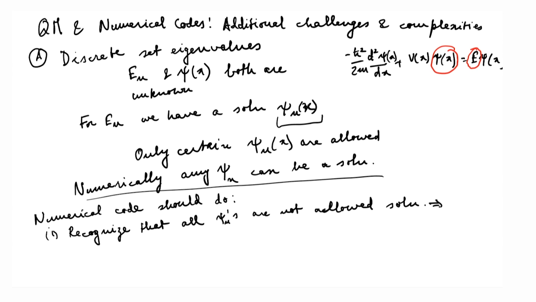In other words, it should be able to identify the correct values of E. Only if it identifies the correct value of E can it identify the correct corresponding solution.